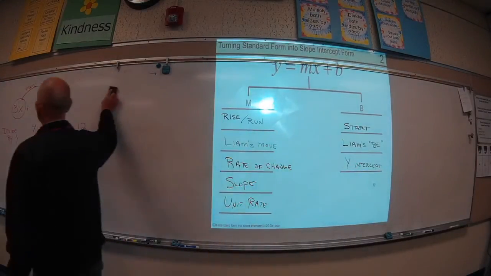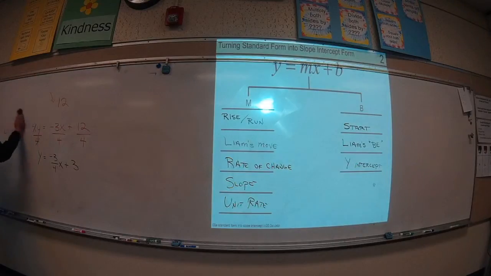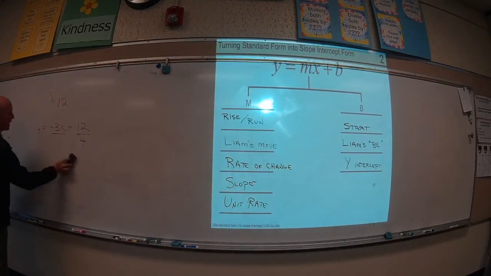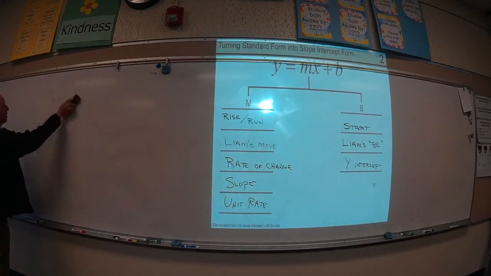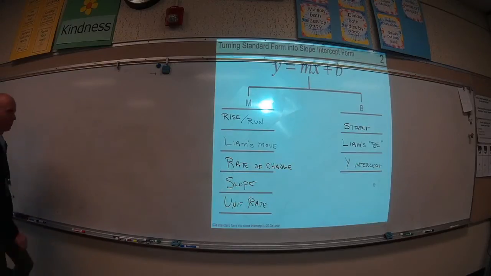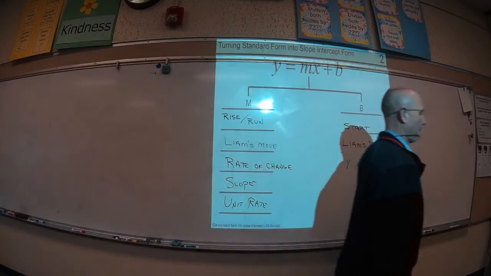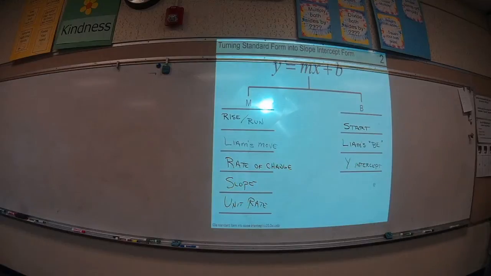The thing is, sometimes we're given an equation in standard form. How did we do? Slope, rise over run, Liam's move, rate of change, unit rate, Liam's B, we've got all that stuff.